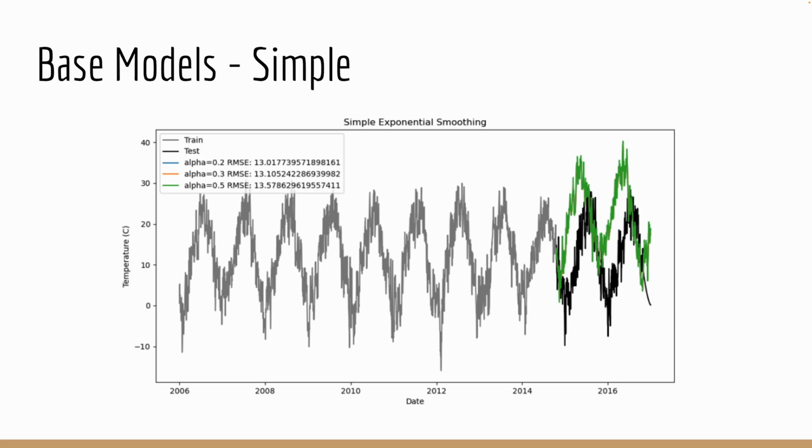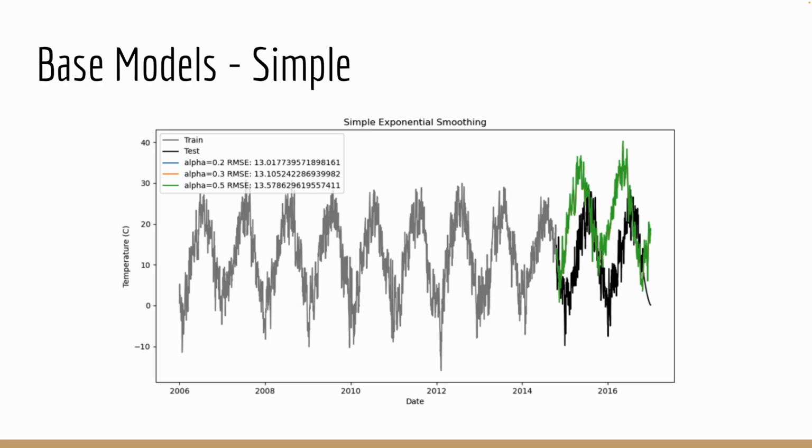It makes slightly higher predictions than the test data, which isn't the best because it seems to be overvaluing what it learned from the train data. So this wasn't the ideal model, but it was one of the better ones compared to the average and drift methods.